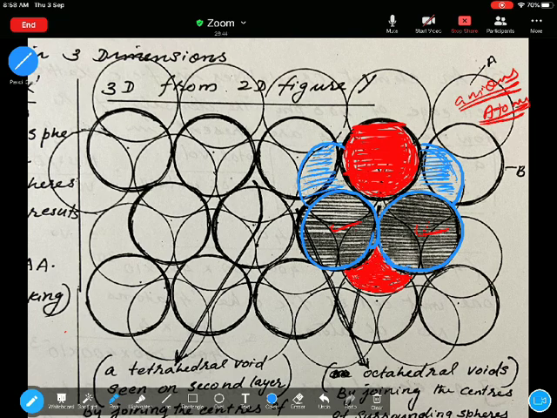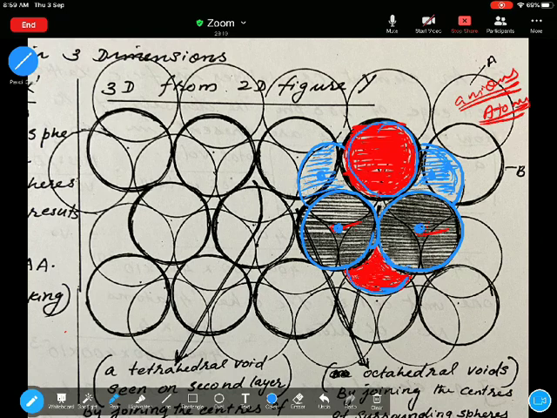So these blue balls you can consider the corners of a square. If you join its center, its center, its center and its center, you will get a square. Above this square is this red ball and below the square is this down ball.